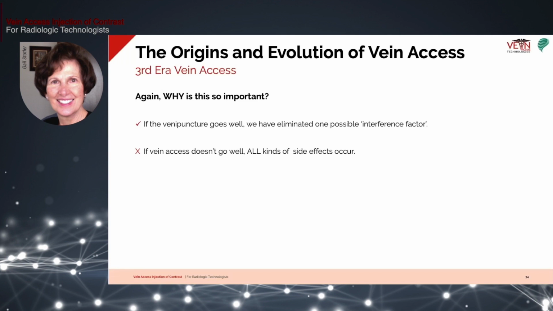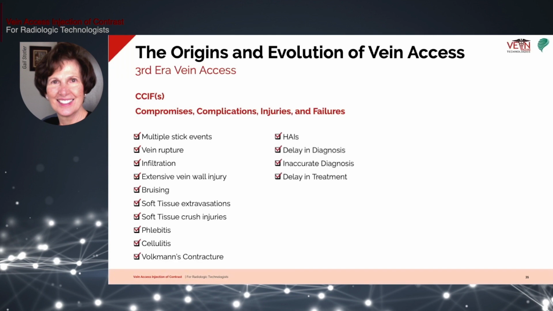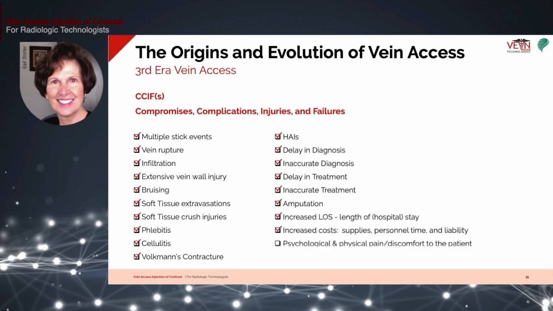And you've already set your procedure up for failure. And the medical outcome isn't what it should be. It can't be relied upon as being what it purports to be. So again, I want to remind you, the problems with the first two eras, the compromises, complications, injuries, and failures are many. And there are articles on every one of those. We're going to fix that.